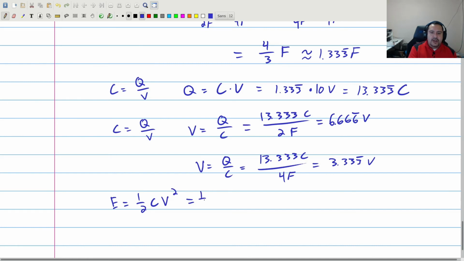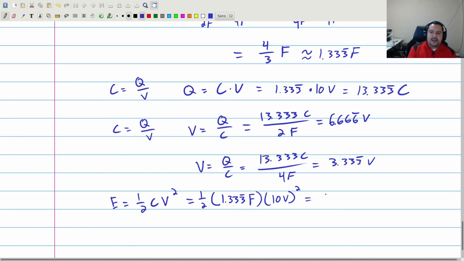That's equal to 1/2 times our capacitance, CEQ, which is 1.333 repeating farads, and then times V, which is 10 volts, squared. 10 squared is 100. 100 times 1.333 is 133.333, times 1/2.